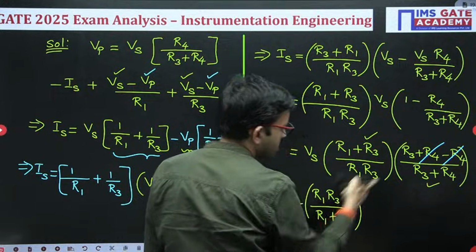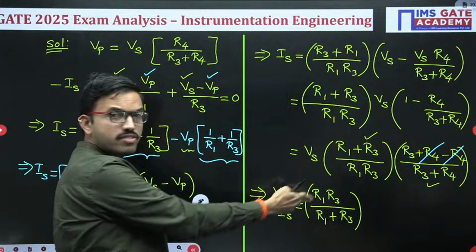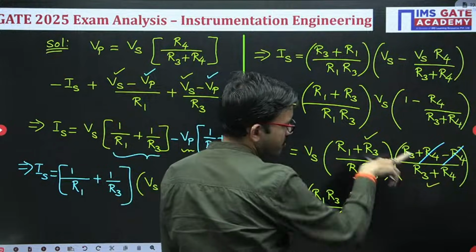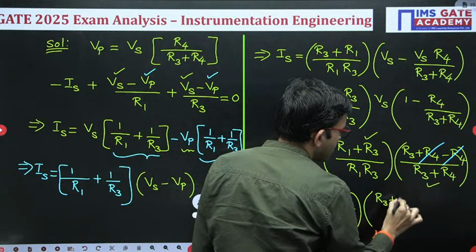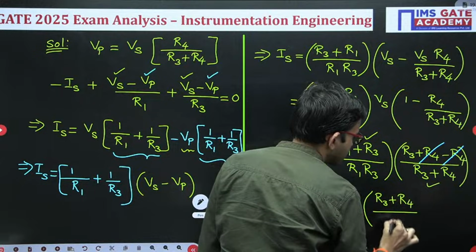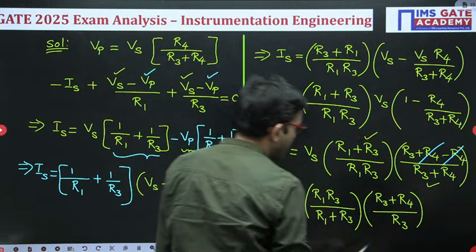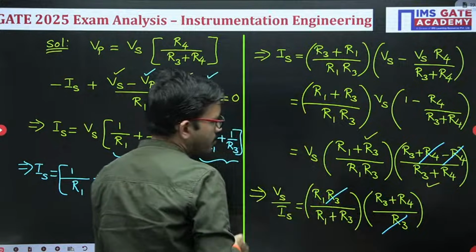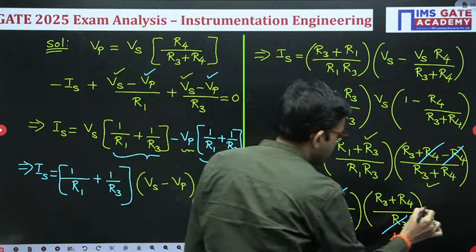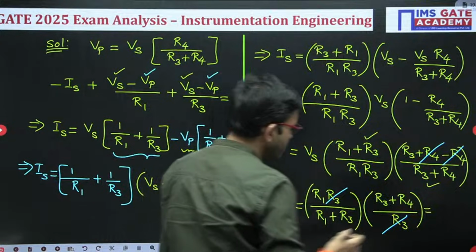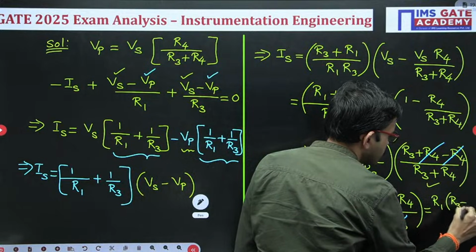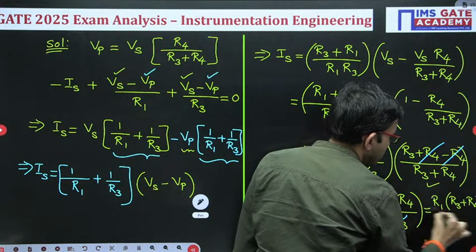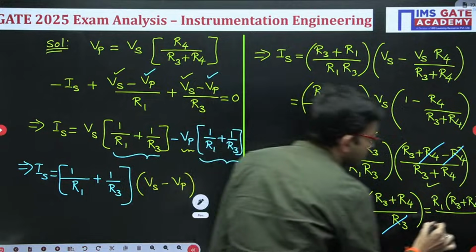This particular term is reciprocal, that is R1 R3 by R1 plus R3. Similarly, this term will be reciprocal, so from there you are getting R3 plus R4 divided by R3. Now R3 is getting cancelled. From here you are getting the final expression like this, R1 into R3 plus R4 divided by R1 plus R3.